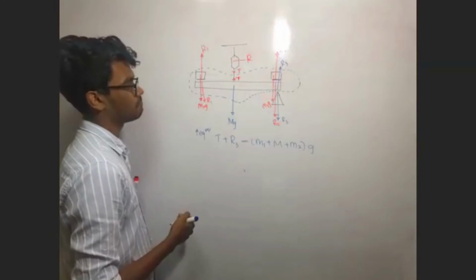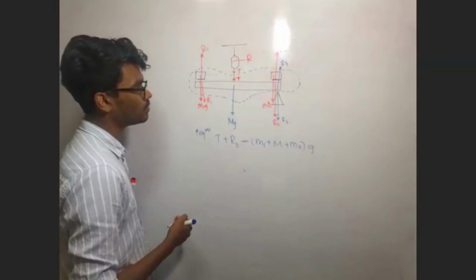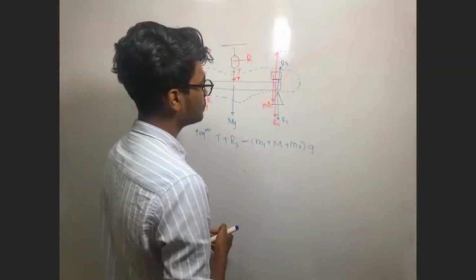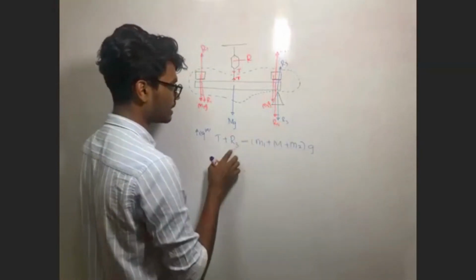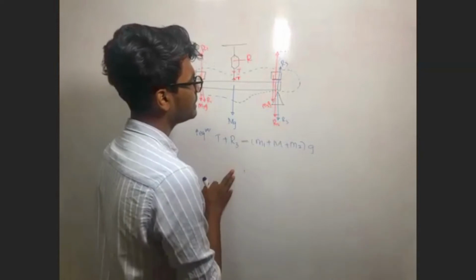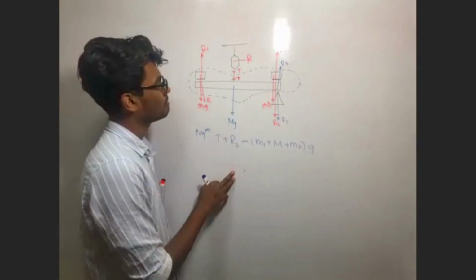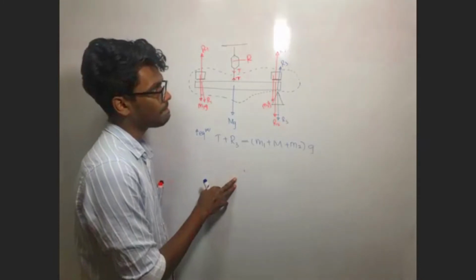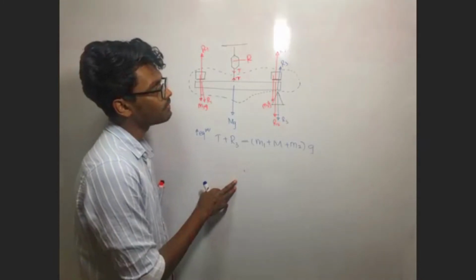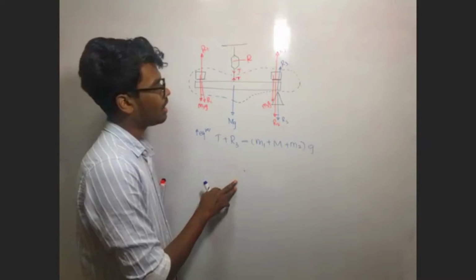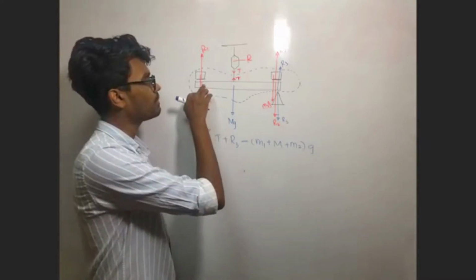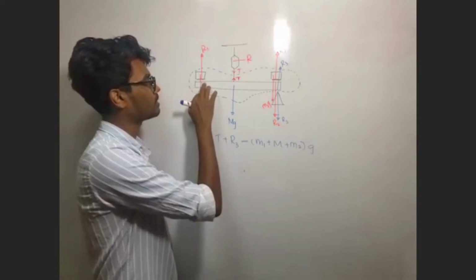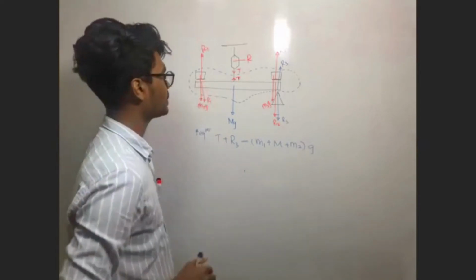So what we are going to do therefore is, to find R3, we could maybe apply a moment around this point.